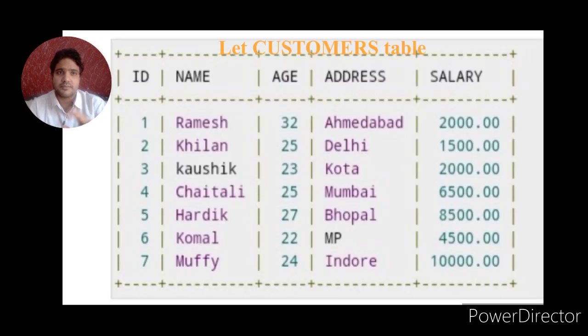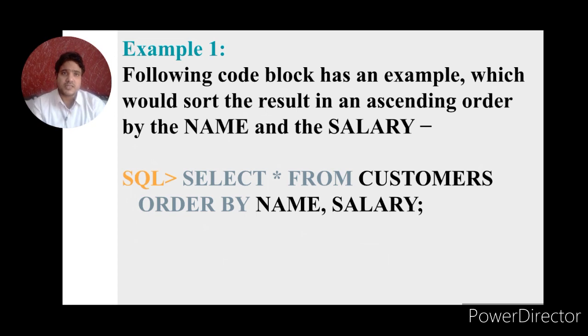Now we take the example. First of all, let us consider this customer table having 5 attributes and 7 tuples, and the tuples have atomic values based on the attributes. Look carefully. In the first example, the records of the table should be sorted based on the attributes name and salary in ascending order.